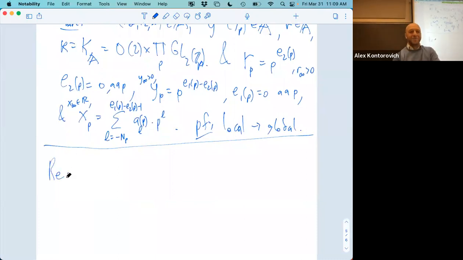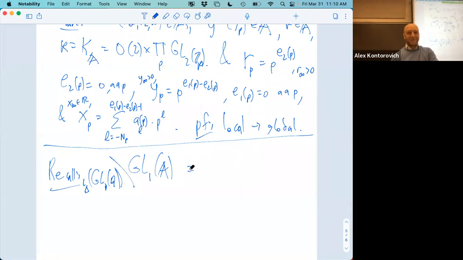Let me remind you that GL1, not GL2, but GL1 of the adeles contains GL1 of Q, the diagonal embedding, as a discrete subgroup, and we worked out a fundamental domain for the quotient. This was adeles modulo rationals.